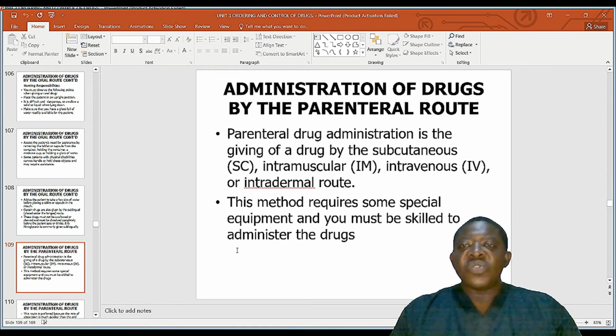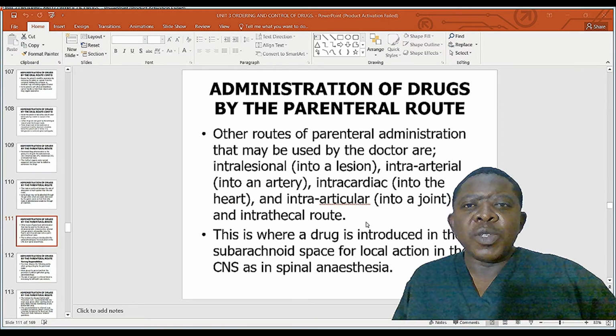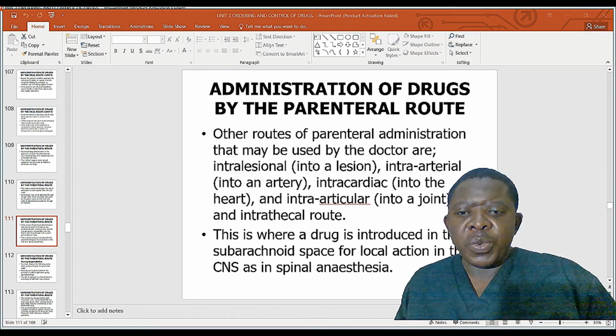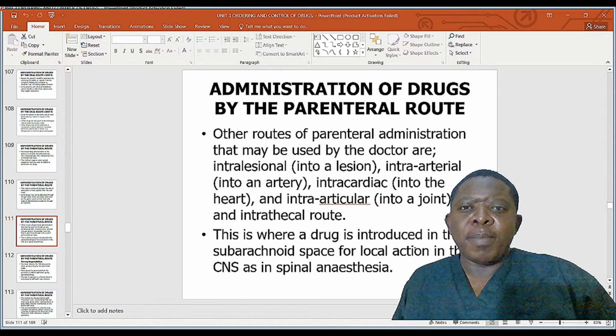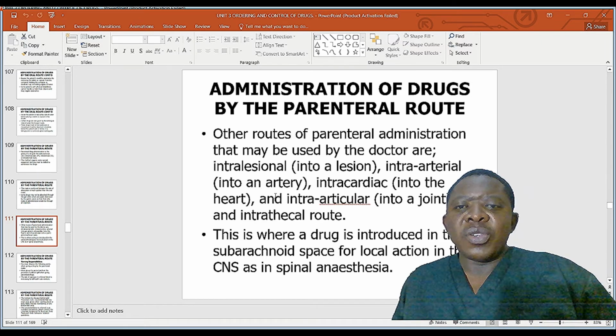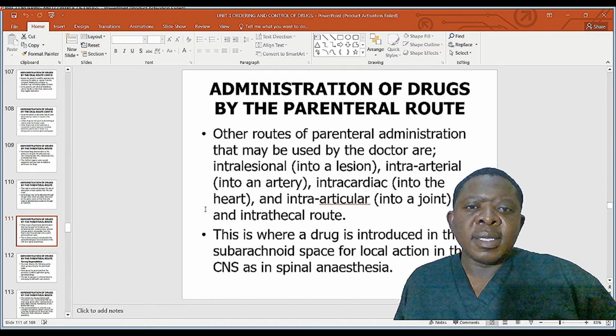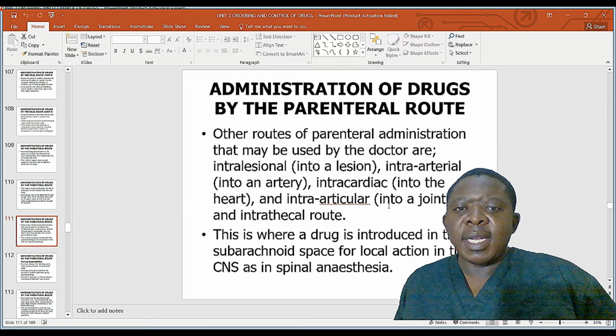Parenteral drug administration. Okay, so now on parenteral administration of drugs. When administering drugs by parenteral routes, there are other routes for parenteral administration that may be used by the doctor. That includes intralesional, that is into a lesion, intraarterial, into the artery, intracardiac, that is into the heart, and intraarticular into a joint, and the intrathecal route.